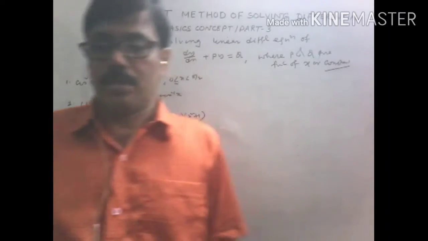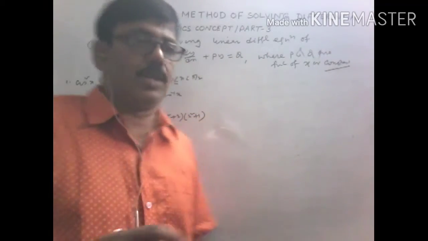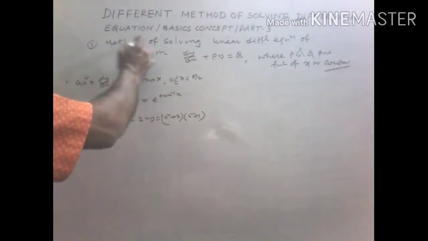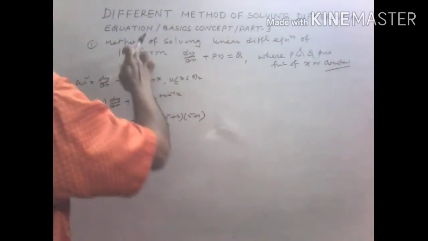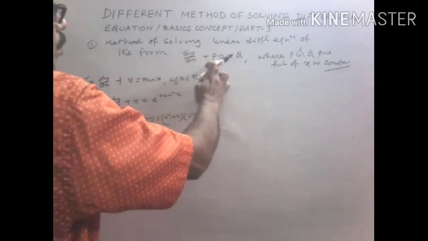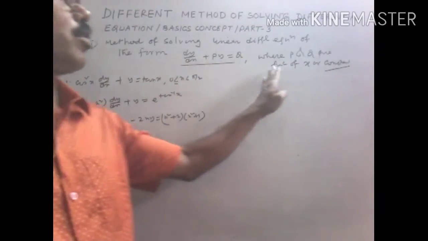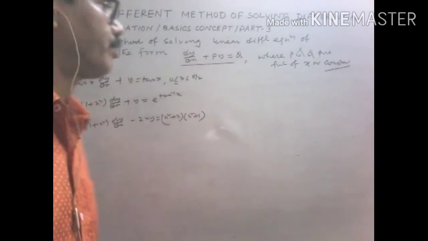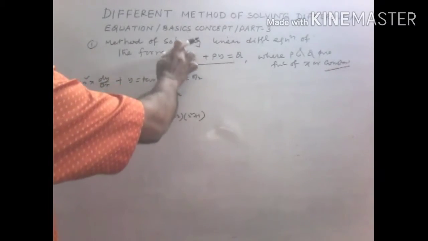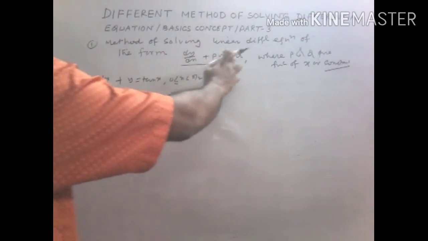Next, now we consider the method of solving a linear differential equation of the form dy/dx plus py equals q, where p and q are functions of x or constants. So obviously this is linear, power is 1.